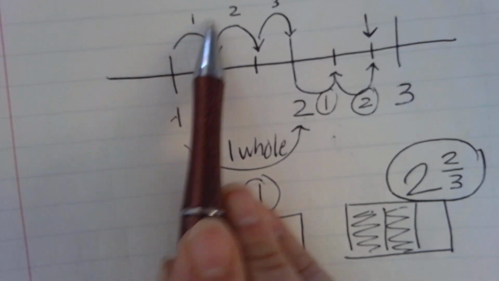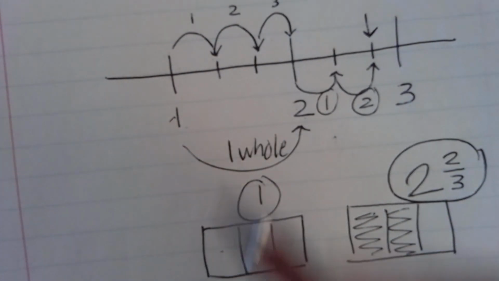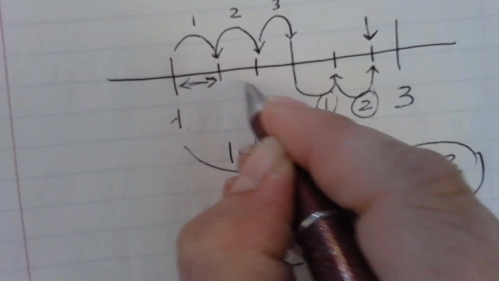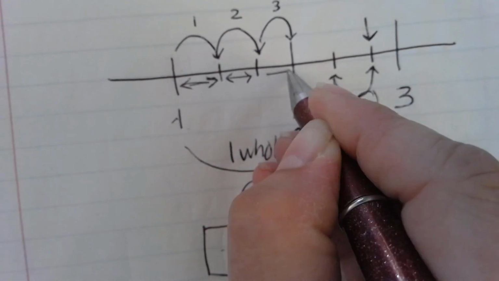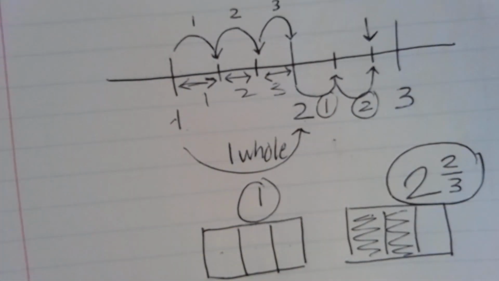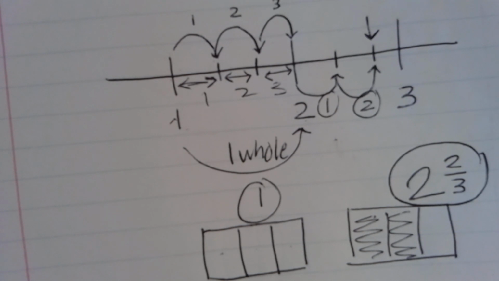You need to go 1, 2, 3. Those are the pieces right here, and right here. These are your 1, 2, 3 slices of cake, okay? You have to count how many spaces you have between the 1 and the 2, or the 2 and the 3. That gives you your denominator.